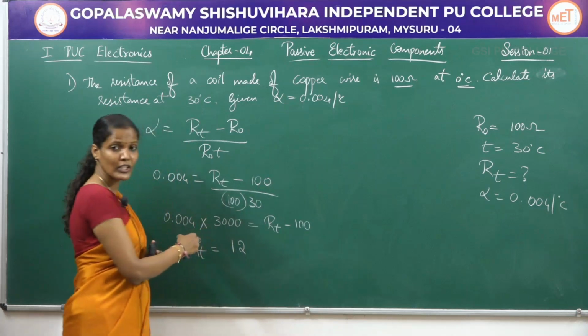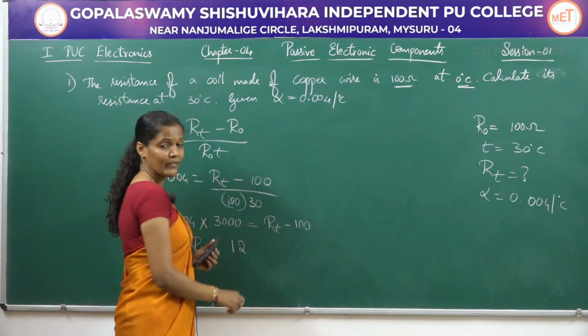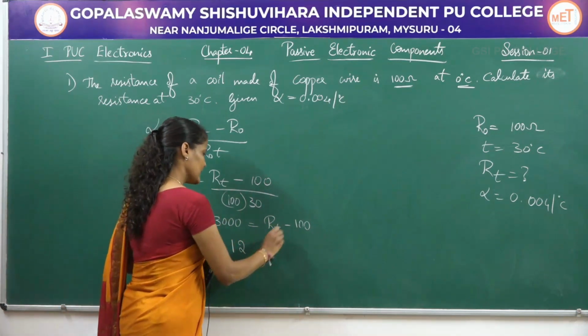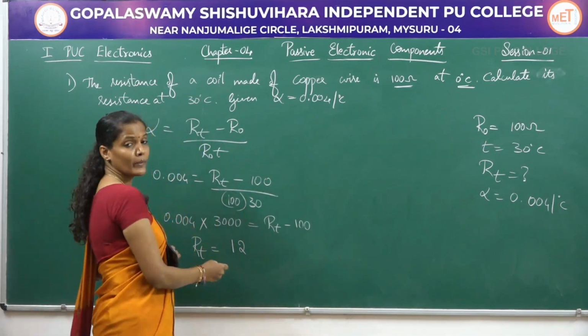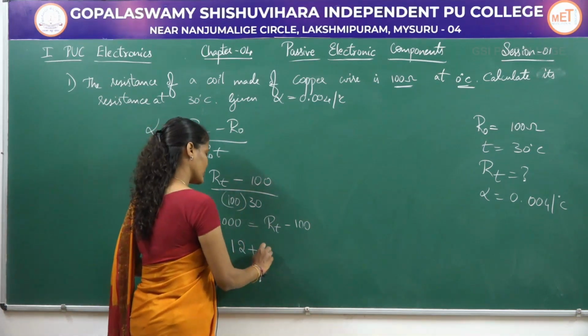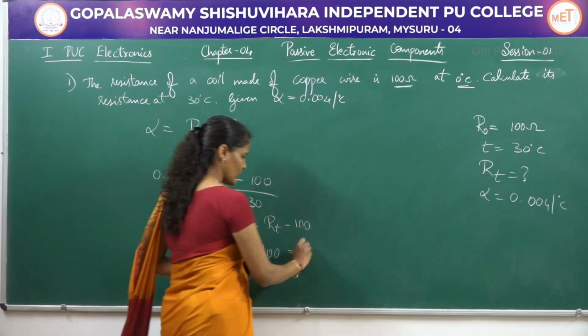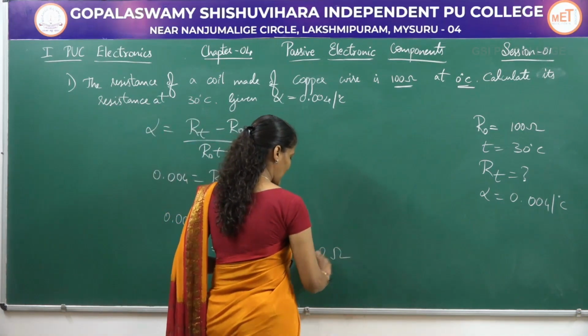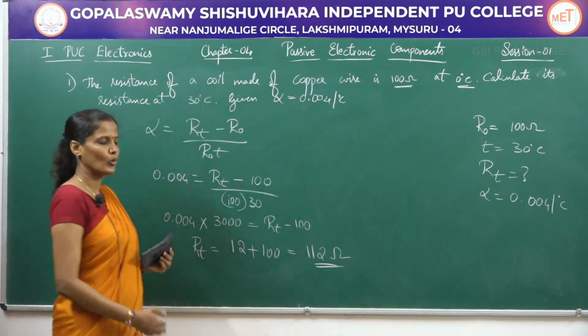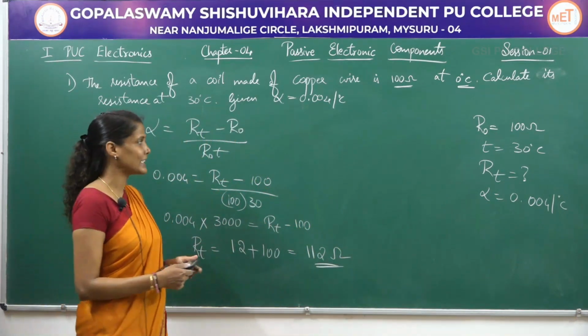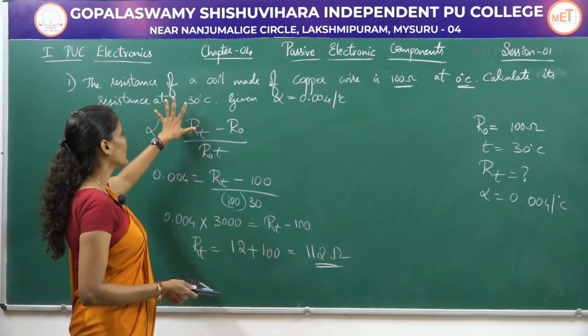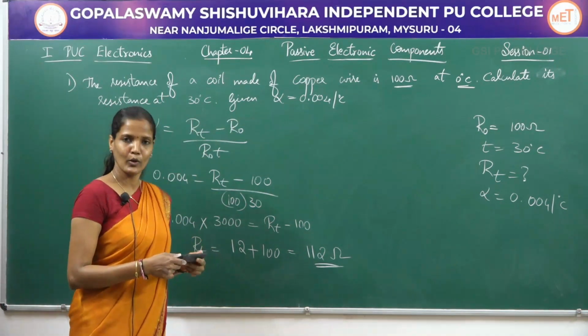This 100 comes to the left hand side, but this 100 has a minus symbol. Then when it is taken from the other side, it will become positive, plus 100. So RT value is 100 plus 12, which is equal to 112, and the unit for resistance is ohms. So this is how you can calculate the given problem for the temperature coefficient.